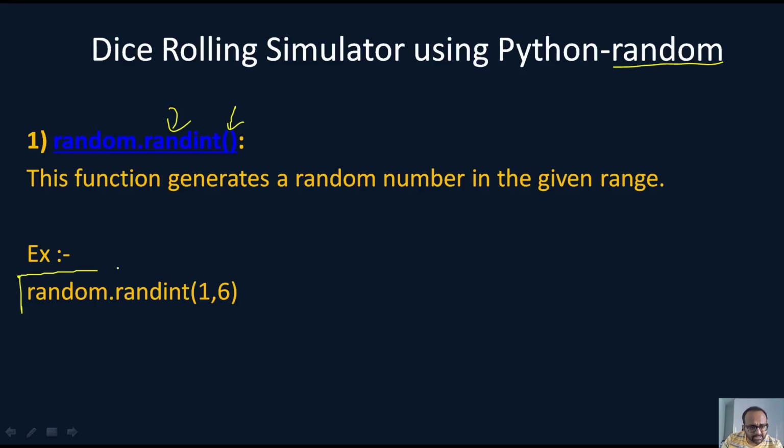If you consider this example here, random.randint(1, 6), it is going to produce a random integer value between the range 1 and 6 inclusive. Okay, both 1 and 6 are included here. So all we want is also the same, right? We have to produce a randomly selected integer from the range of values 1 to 6, including 1 and 6.